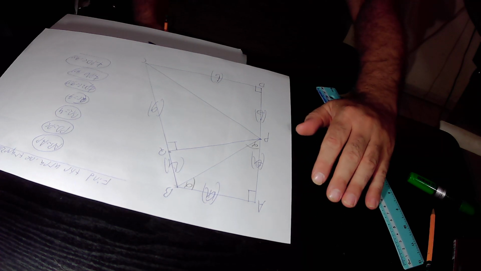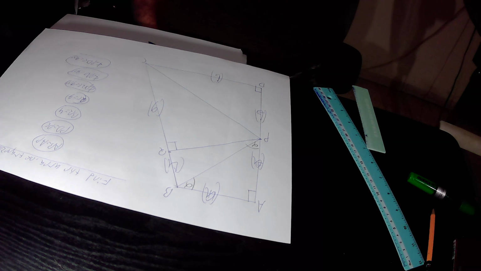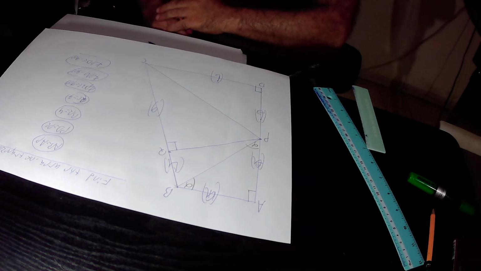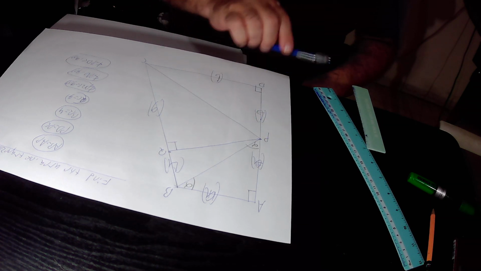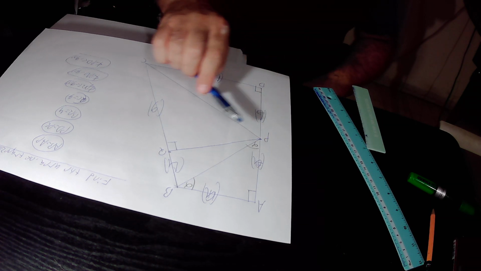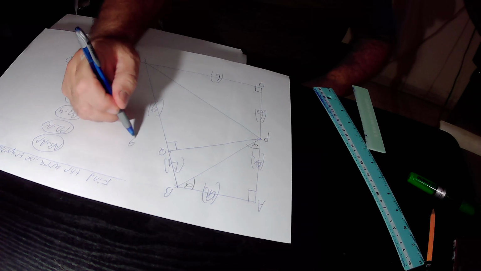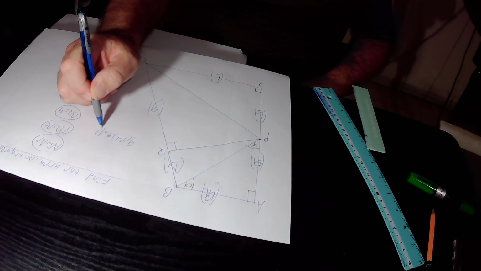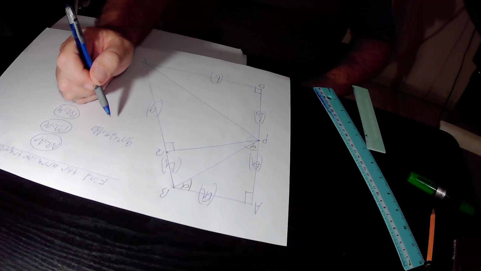We also know that the sum of the angles in any triangle is equal to 180 degrees. So which angles do we have in the right triangle PAB? We have this angle equal to 90 degrees plus alpha plus alpha, this is plus 2 alpha, so 90 degrees plus 2 alpha must be equal to 180 degrees according to the rule that the sum of the angles in any triangle is equal to 180 degrees.